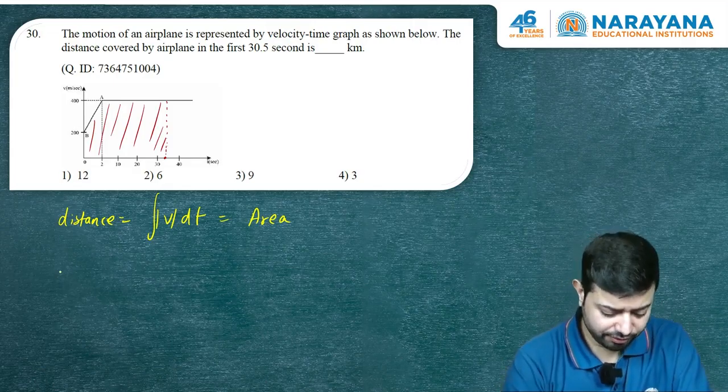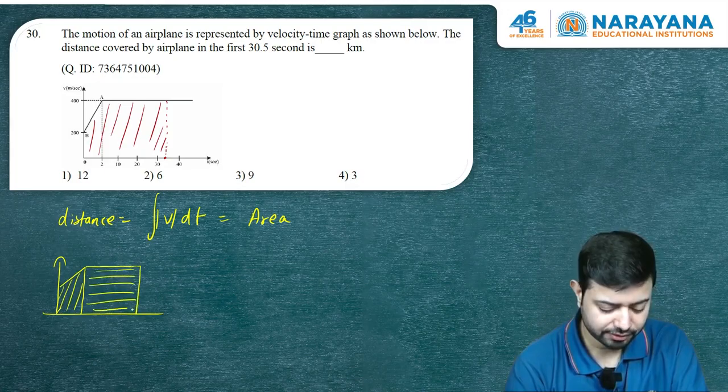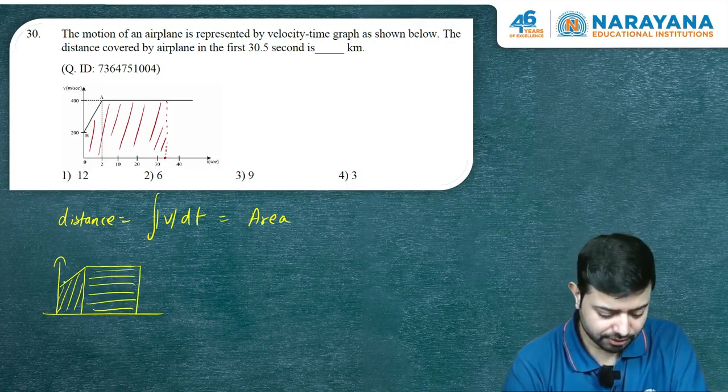You may think of this shape as a combination of two shapes: one is the trapezium, whose area you have to find, and one is the rectangle, for which you can find a separate area. The numbers are already mentioned.